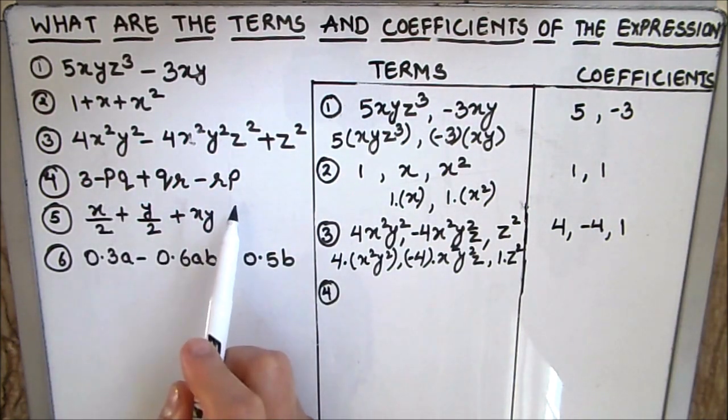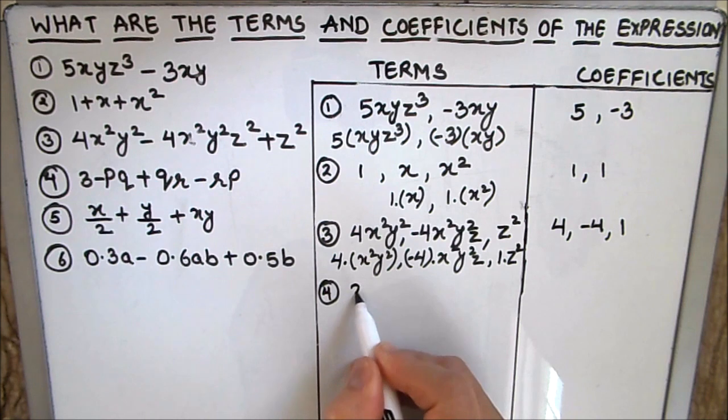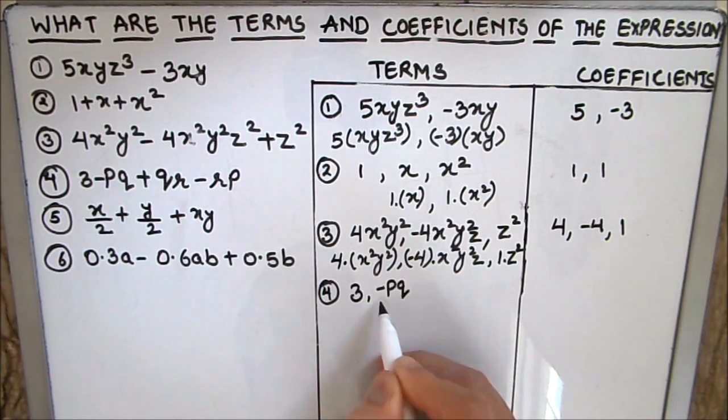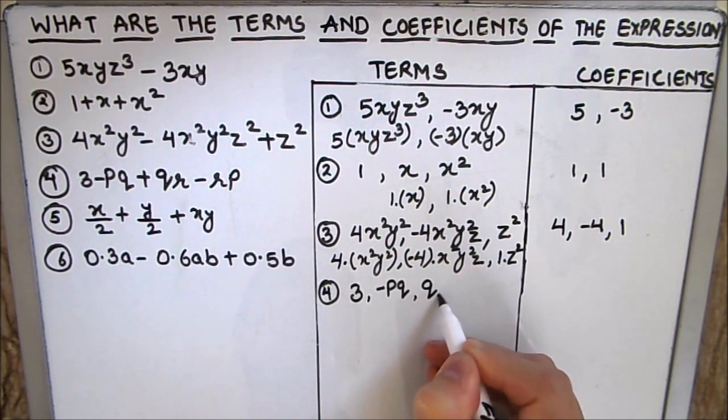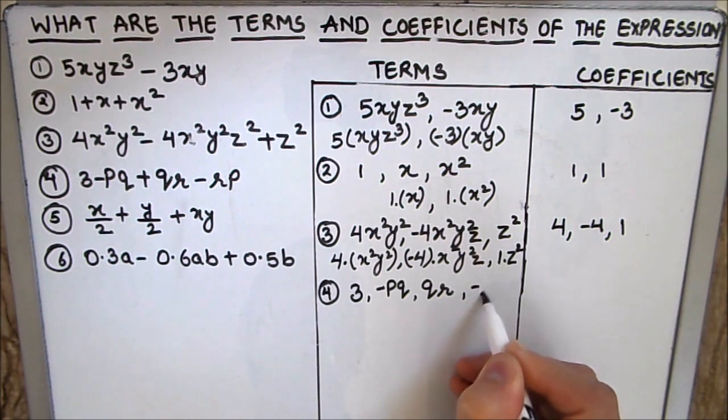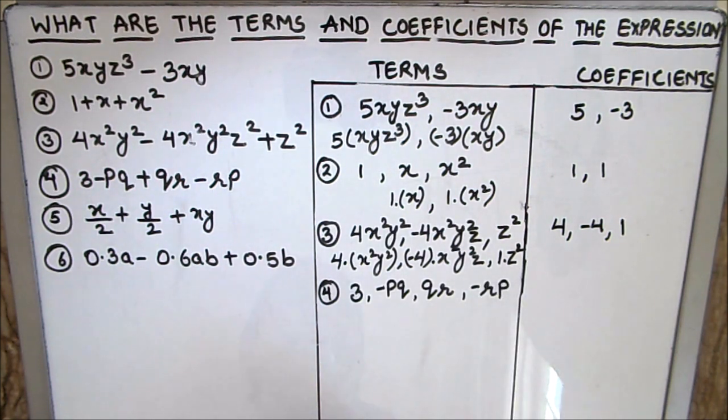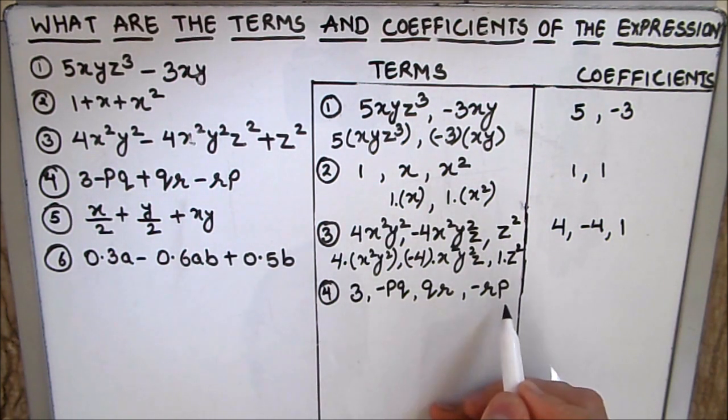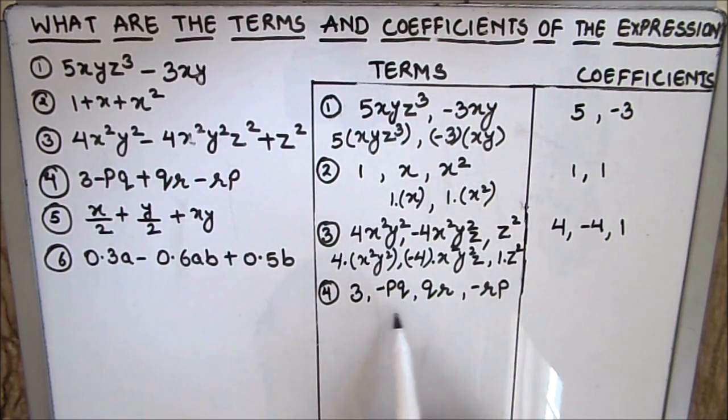In the fourth example, we have four terms: 3, which is a constant, negative PQ, QR and negative RP. Here we have four terms, but the coefficients will be of the three terms, because the first one is a constant, so it does not have any coefficient.